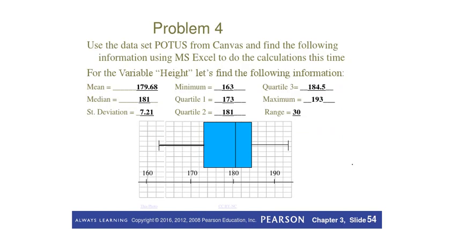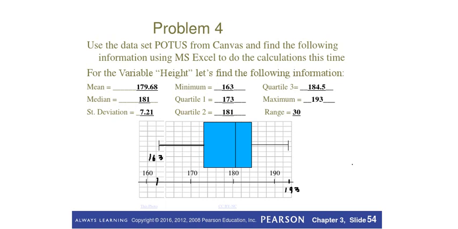So let's look back at our POTUS data set, and I'll show you what I did. On the POTUS data set, remember that we said that our lowest score, our minimum, was 163. So I found 163 on my number line right here. A piece of graph paper is pretty handy for doing this job. 193 was our maximum. So those are our adjacent values.